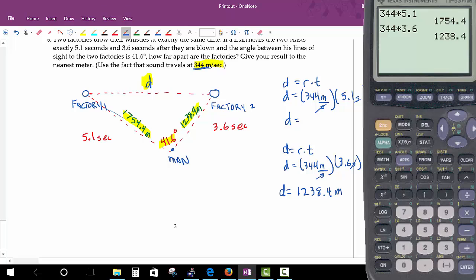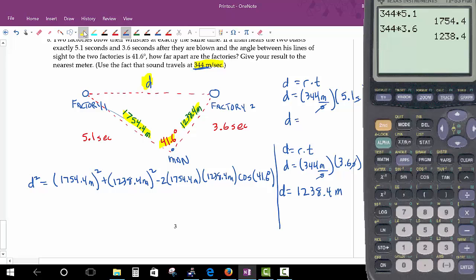If I have side-angle-side and want to find the opposite side, I square that side, and that's equal to the sum of the squares of the other two sides, minus twice the product of those two sides, times the cosine of the angle in between. So I'll plug that in: 1754.4 meters, and the other one, 1,238.4 meters, squared, minus twice the product of those two sides, times the cosine of 41.6 degrees.